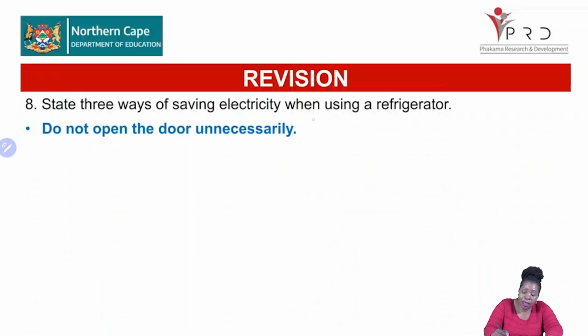Do not open the door unnecessarily. That is the door of the refrigerator, because you are allowing warm air into the refrigerator. Then it means it will use more electricity so that it keeps the original temperature, or for it to keep cool, it has to use more energy.